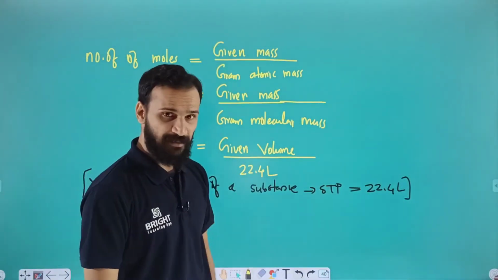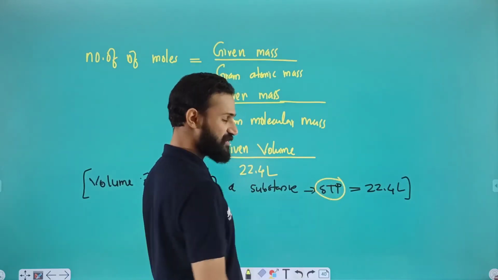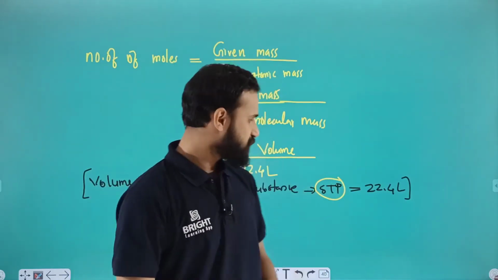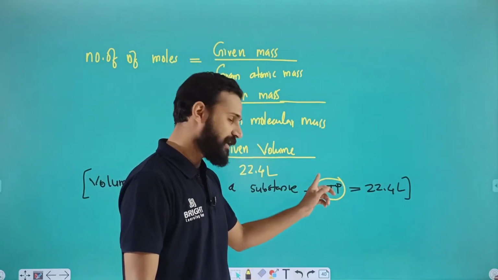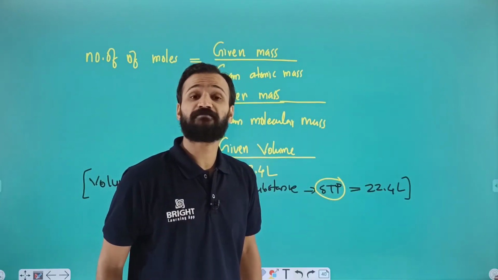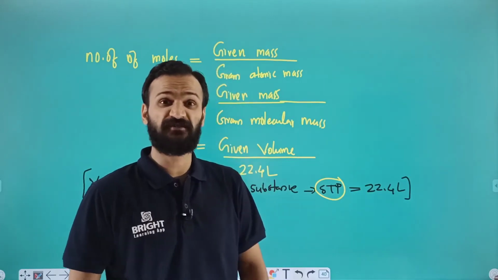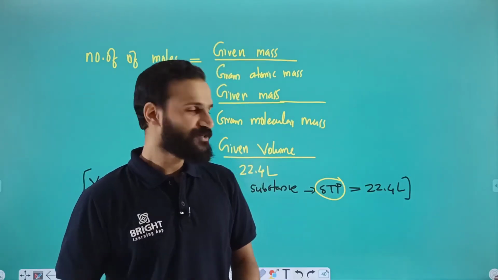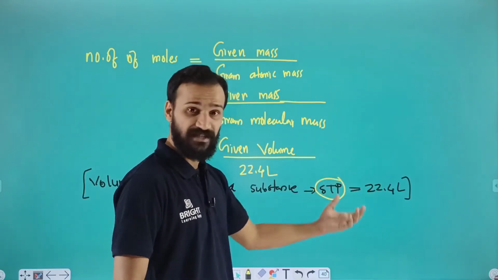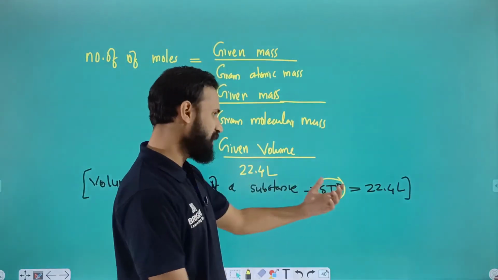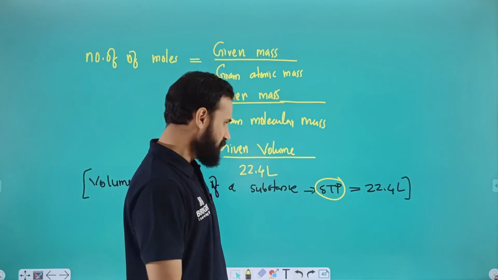So what is STP? Somebody may have a doubt about STP. STP means standard temperature and pressure. We have a chapter called states of matter, the 5th chapter in +1 itself. They will discuss in more depth about this STP and also the volume at STP. So it's very important.